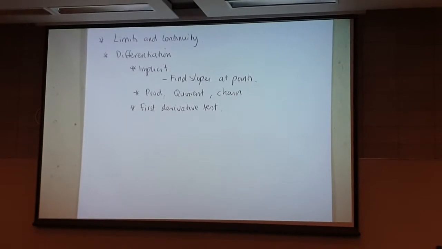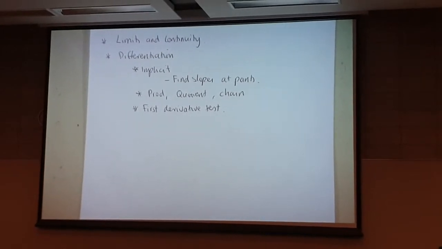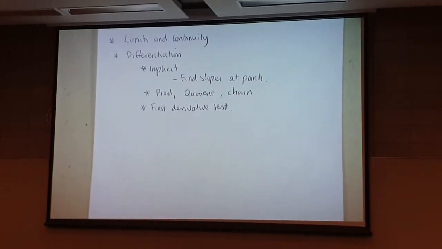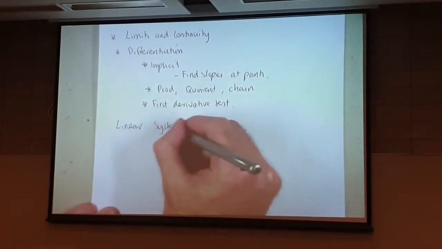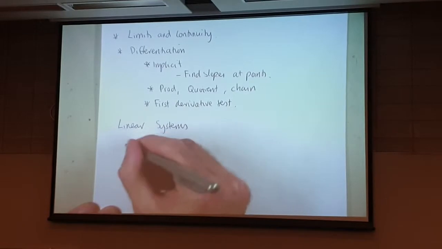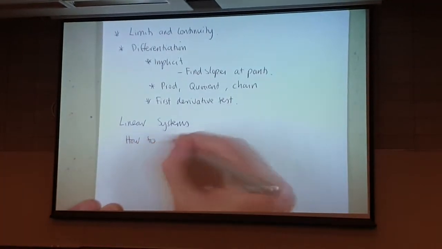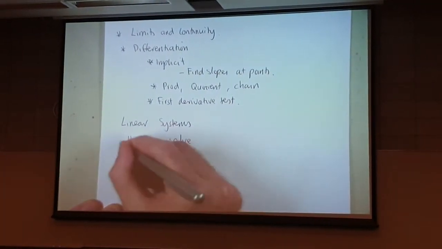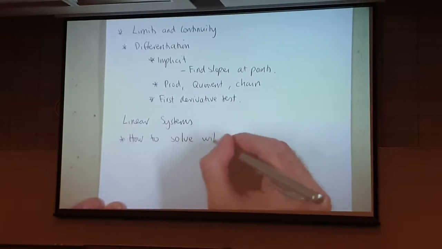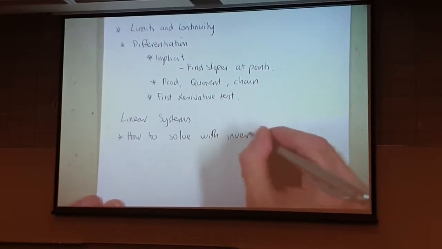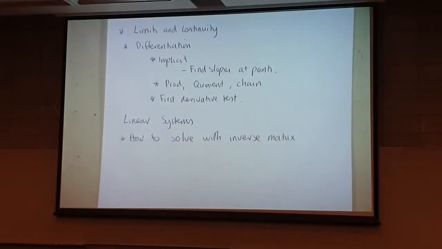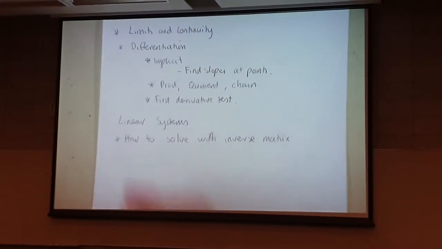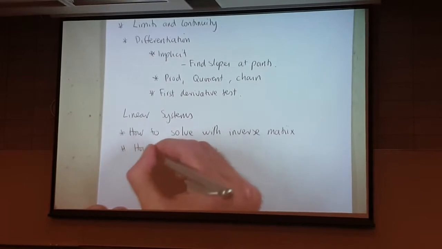The other things we did during those weeks for the algebra side were linear systems. So linear systems, so how to solve with inverse matrices. So that was one of the methods that we saw. And also how to row reduce.